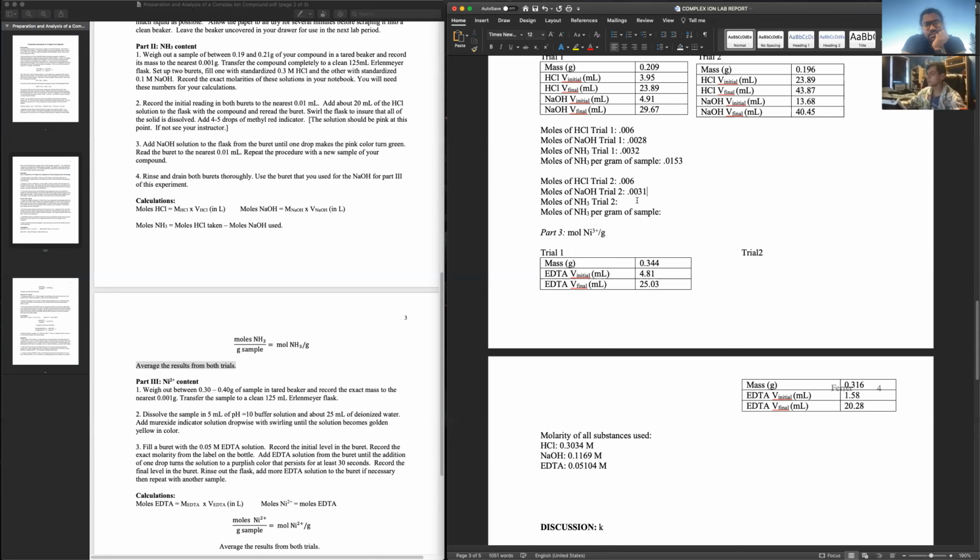Yeah, 312 or whatever, but I'll just go 31. So now I just minus both of these, right? 0.006 minus 0.0031. I get 0.0029.